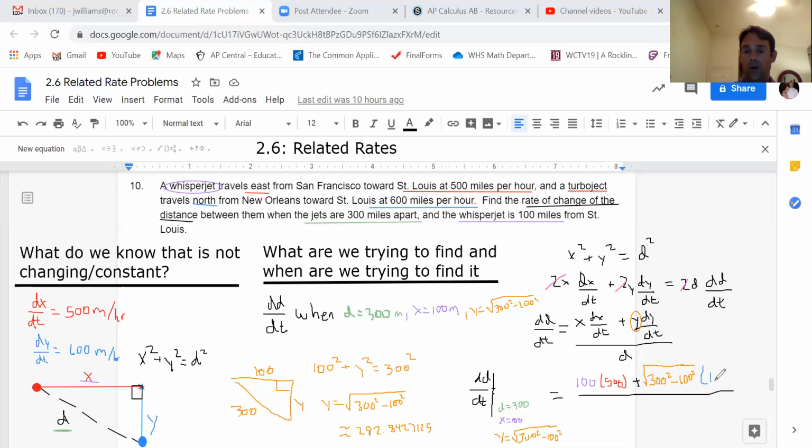We're just plugging in numbers left and right here, friends. And then the d value, well, that was the 300. And of course, I'm not simplifying, so that would be miles per hour, right? Perfect. But of course, some of you guys, I get it, I know you like to simplify. So that's about 732.3521 miles per hour.